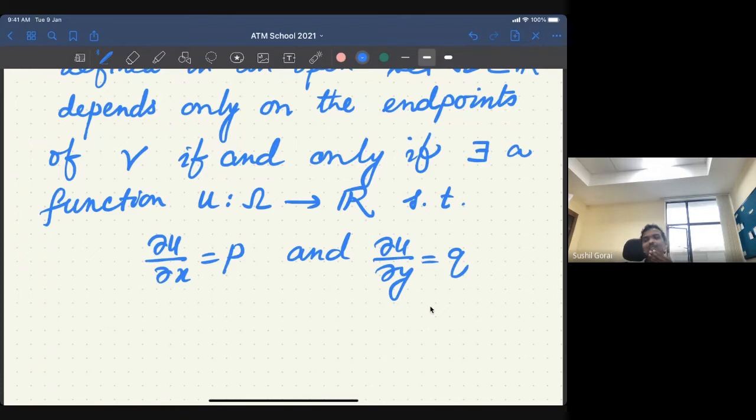All right, this is what is meant by a gradient, right? So (p, q) is the gradient of a function.